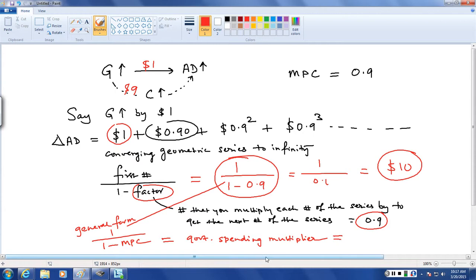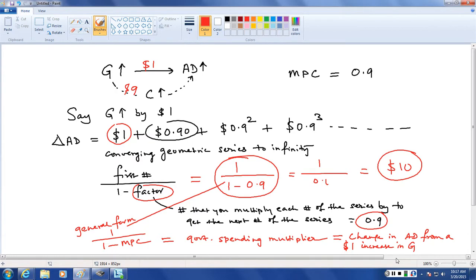This would be the change in aggregate demand from a $1 increase in government spending. Is that right? That's what the government spending multiplier means.